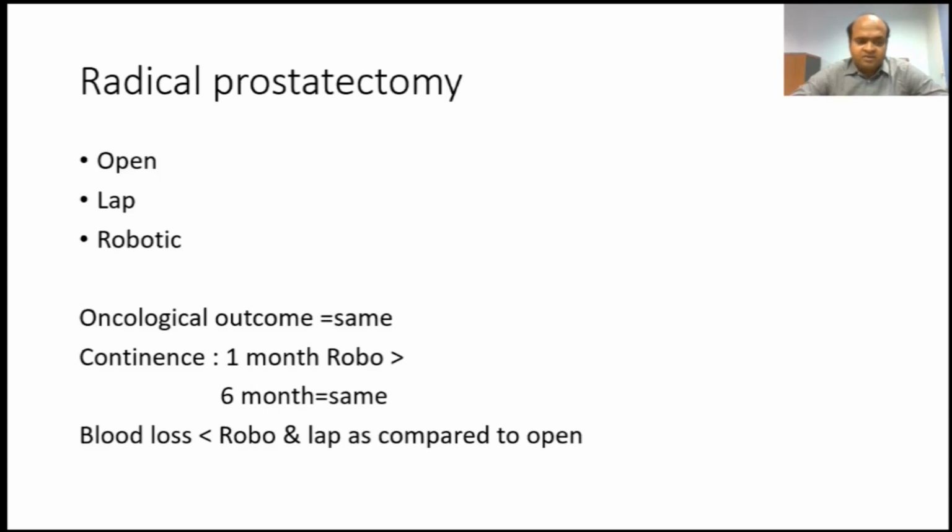But the major advantage of robotic or laparoscopic surgery as compared to open is the blood loss. Because robotic or laparoscopic surgery is done with a pneumoperitoneum, that is, carbon dioxide within the abdomen, there is a raised pressure within the abdomen that reduces venous blood oozing during surgery. So this is a major advantage of using the robot or laparoscopic modality.